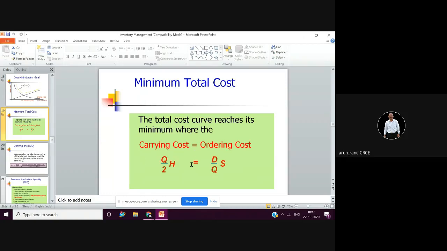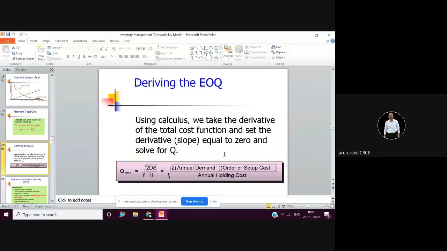So at that point, your holding cost, that is nothing but carrying cost, H, is equal to your ordering cost or sourcing cost. Ordering cost is also called the sourcing cost. And then how to find out the optimum quantity, that is EOQ. Remember, that's why I'm taking it again.